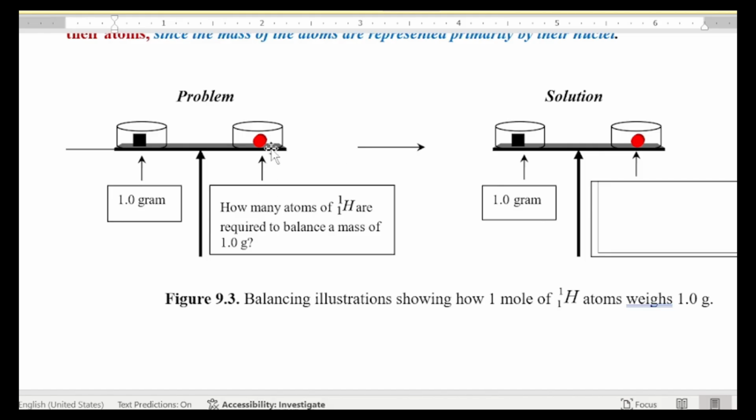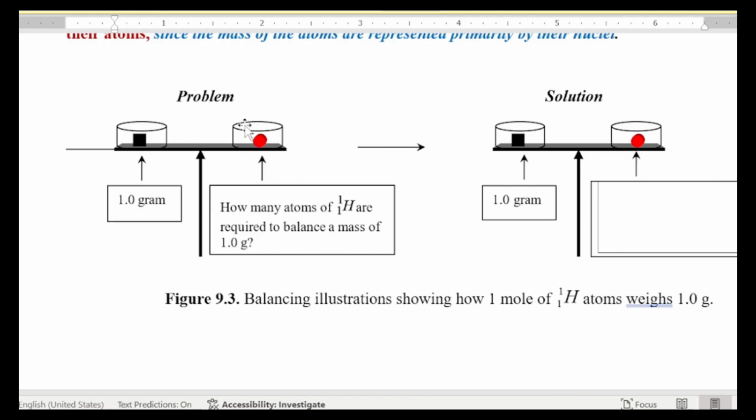And I'm asking a question now. How many atoms of hydrogen are required to balance this mass? Of course, it's going to go down like this. Let us suppose, in an imaginary situation, that hydrogen was represented by tiny specks of dust and you were to count the dust particles.